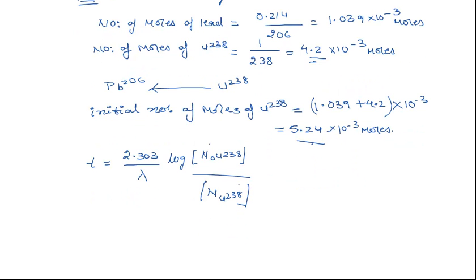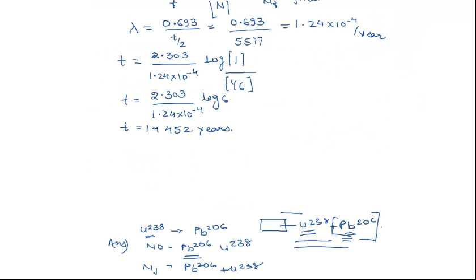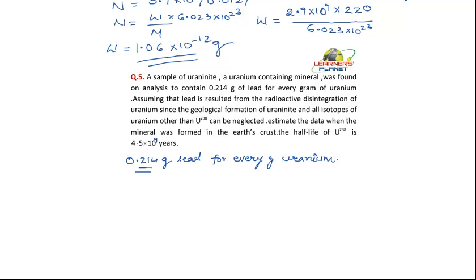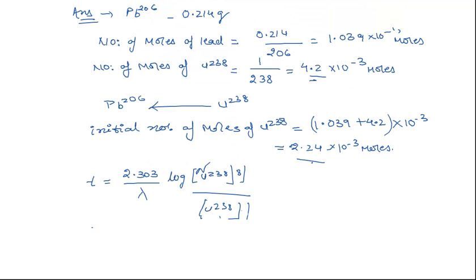Okay. So your lambda, now half-life is given in the question. Yeah, the half-life of U-238 is 4.5 into 10 to the power 9 years. So can we find out the lambda? 0.693 divided by 4.5 into 10 to the power 9.